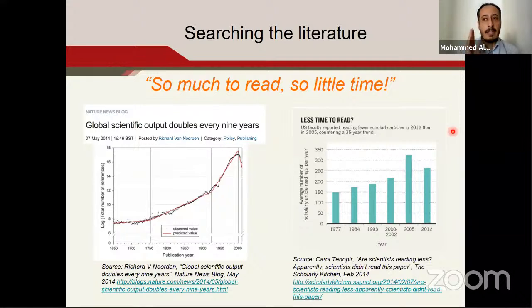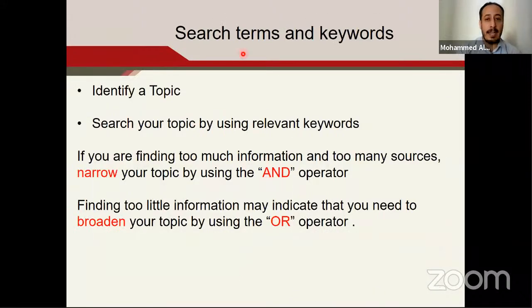So please don't reject or decline if some journals contact you and request you to review an article. It's not just that you are doing a favor for the journal, but you are improving your knowledge. So read, and also search the literature and read the updated articles in your area.